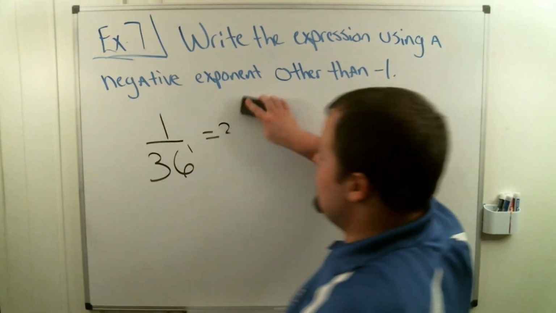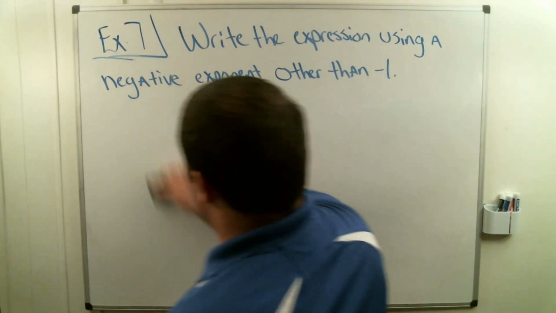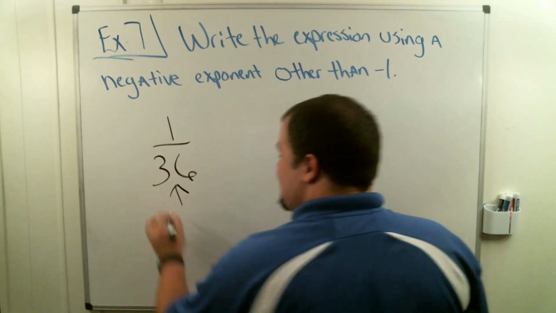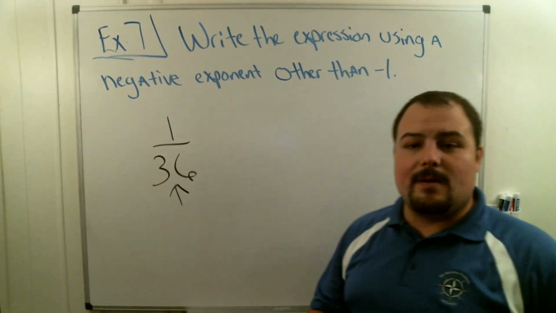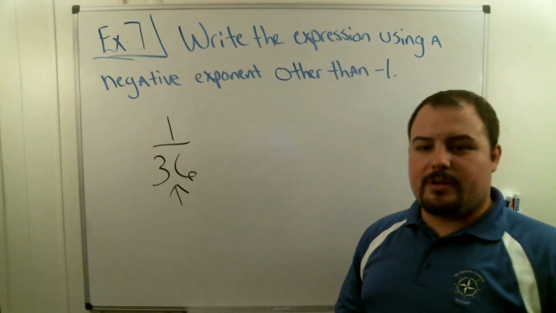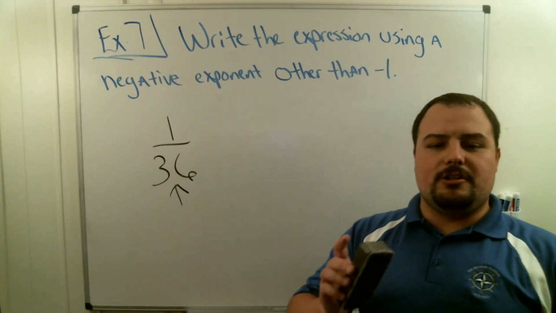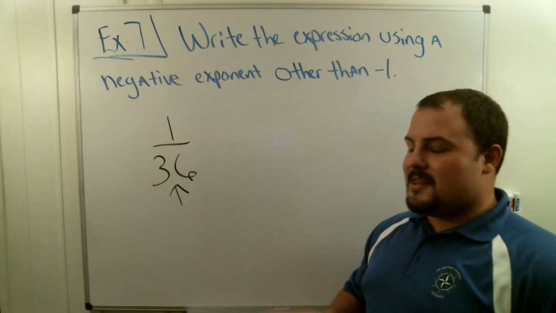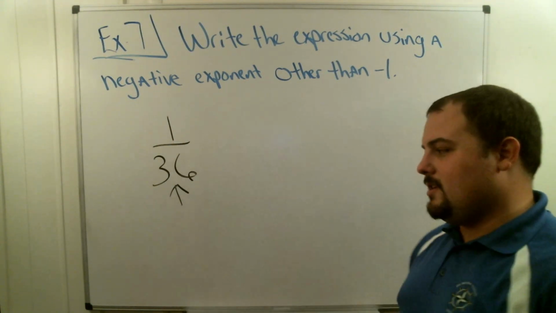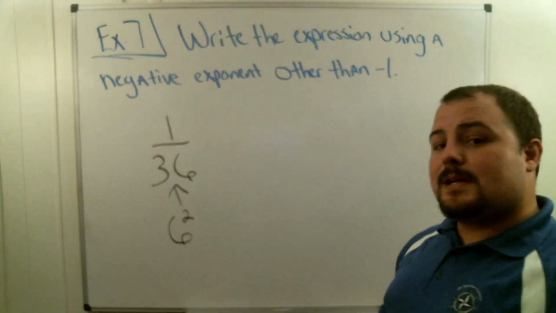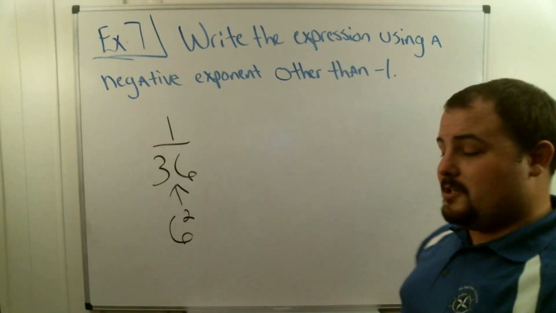So what you have to do now is look at what makes 36, some type of number that's exactly the same multiplying by itself. Hopefully you know your multiplication facts and your perfect squares, because in this case, the number that would make 36 would be 6 to the 2nd power, because 6 times 6 is 36.